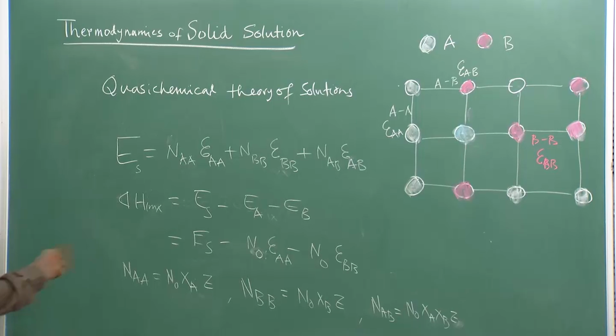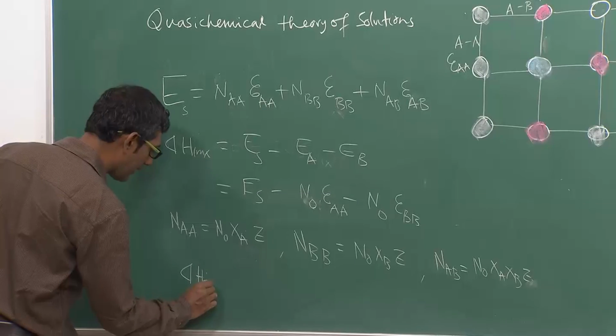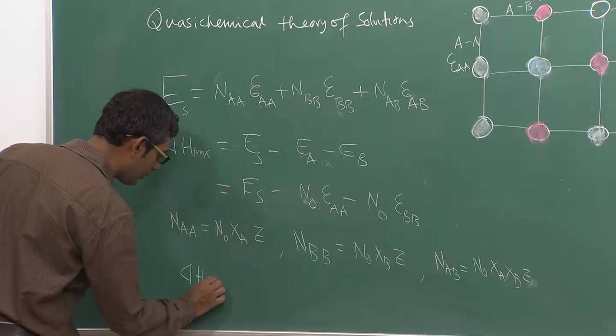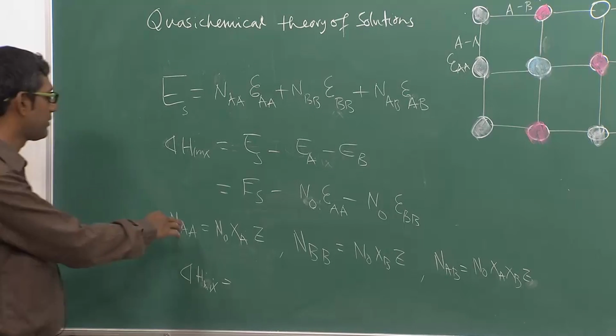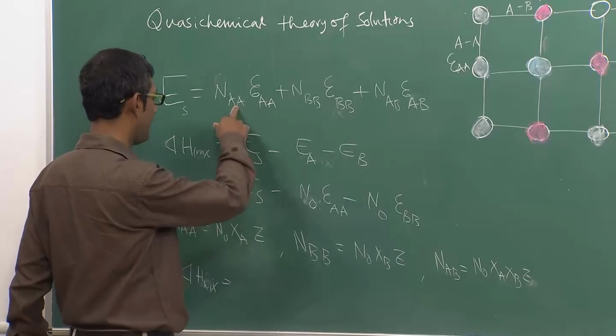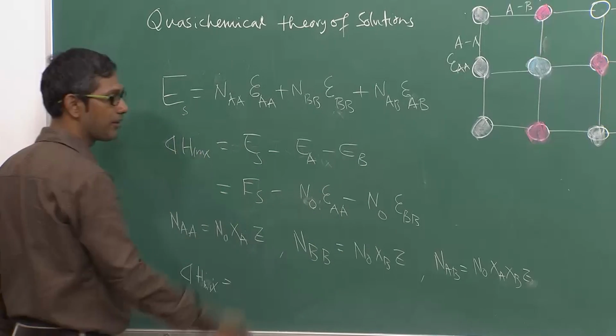Now, if I do the complete math, which I leave it to you, you can rearrange the equations, plug in these values NAA, NBB, NAB and get the E of solution and then subtract this.